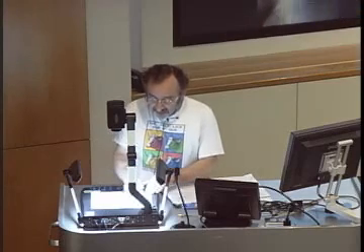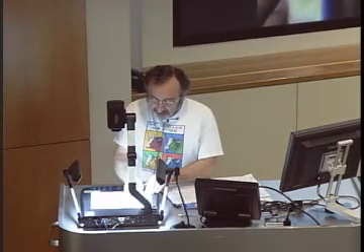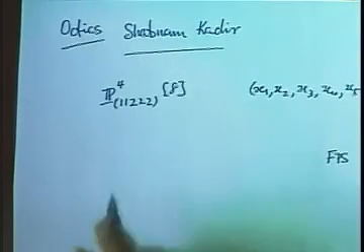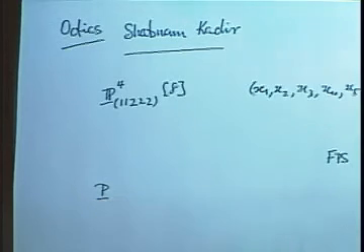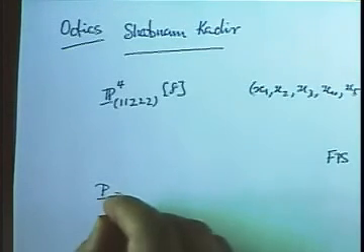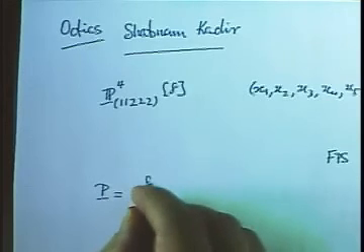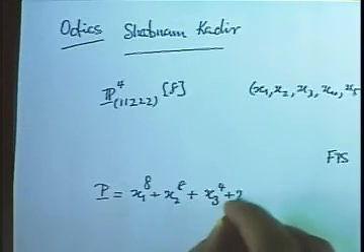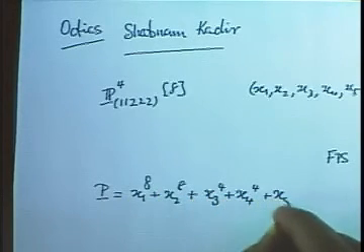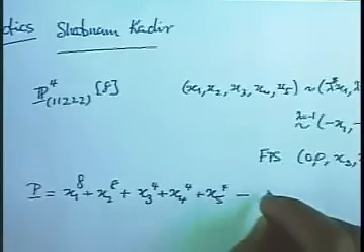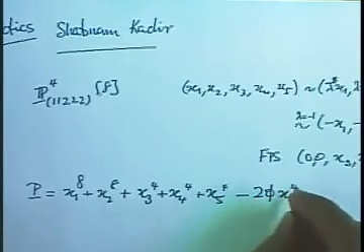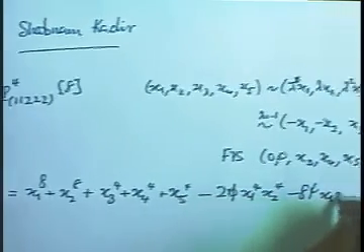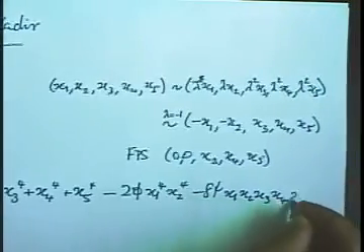Well, it's Calabi-Yau because, of course, you can construct a 3-form in the way that we did. The optic, well, this is an equation of degree 8, so if you like, we'll write one down if you want to look at one. So we could, for example, take P to be x1 to the 8th plus x2 to the 8th plus x3 to the 4 plus x4 to the 4 plus x5 to the 4 minus 2 phi x1 to the 4th, x2 to the 4th, minus 8 psi x1, x2, x3, x4, x5.